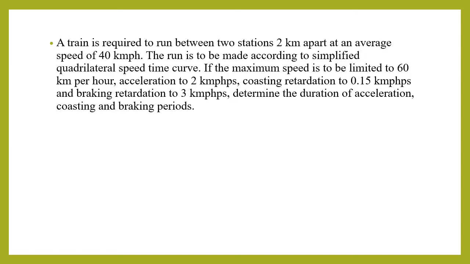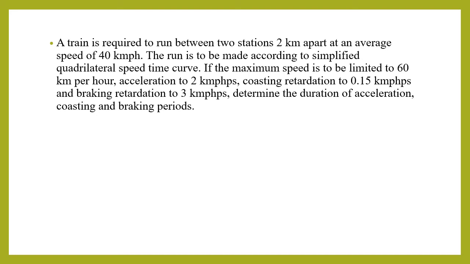Next problem: a train is required to run between two stations 2 km apart at an average speed of 40 km per hour. The run is to be made according to a simplified quadrilateral speed time curve.